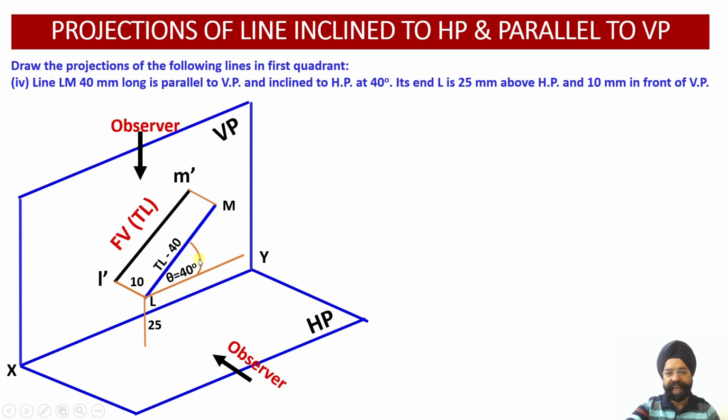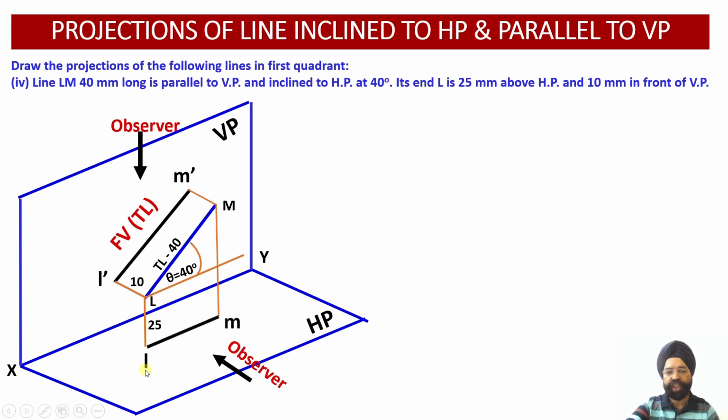So since this line is inclined to the horizontal plane, this we already know by now, if a line is inclined to a reference plane, its projection on that particular reference plane will reveal its shortened view. The line will become foreshortened or reduced. So please check, as I am looking from the top at this particular line, point L of the line will be getting projected on this point on HP.